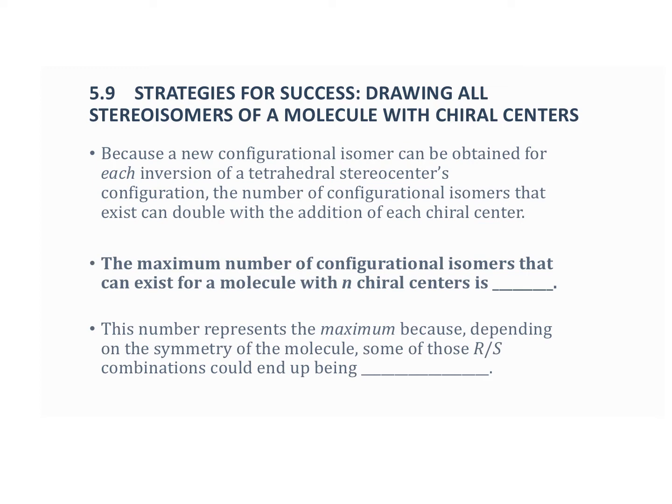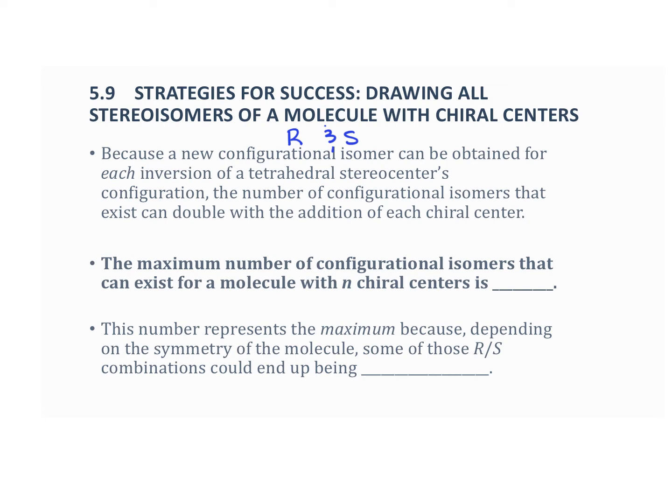And so the number of configurational isomers that can exist can double with the addition of a chiral center. Basically, for every configuration, you're going to have an R and S enantiomer, and the opposite configurations aren't superimposable. So whenever a chiral center's configuration is reversed, there's a potential for generating a distinct stereoisomer.